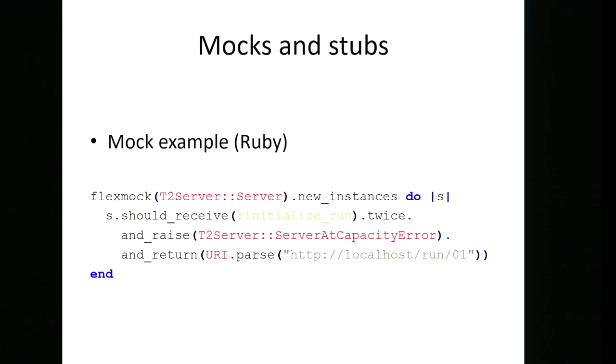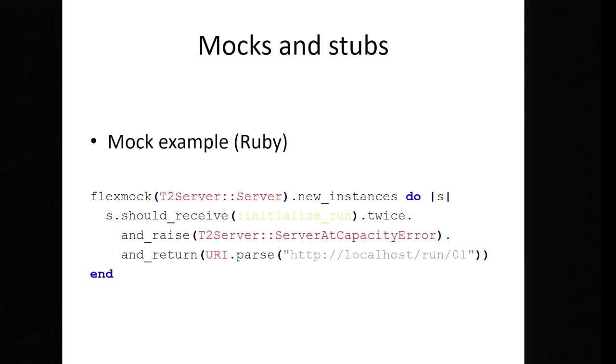And this is really useful, because this initialize run is going to call an external service, but it's mocked, so it's not going to do that. It's just going to pretend. The first time it calls it, it's going to pretend that the external service said, no, I'm at capacity.